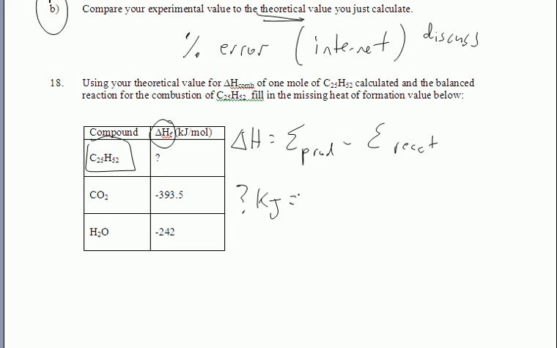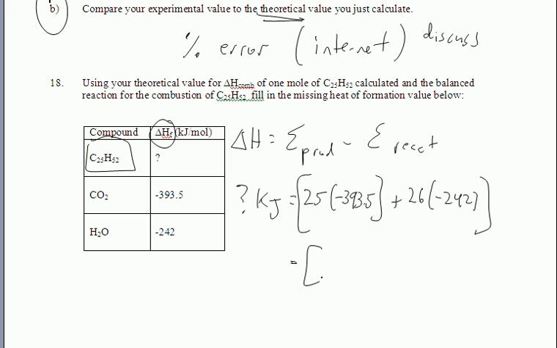Your products are going to be your CO2s. You had 25 CO2s, and the value they're giving you for CO2 is negative 393.5. And you had 26 waters, they're giving you negative 242. And you're going to subtract that from your reactants.